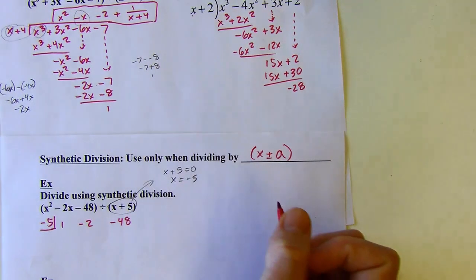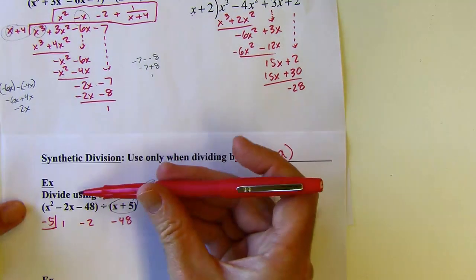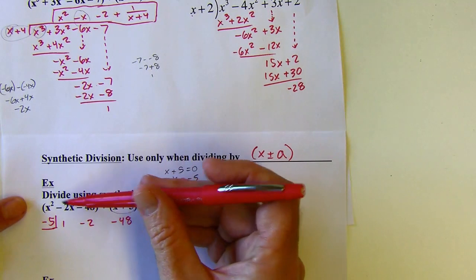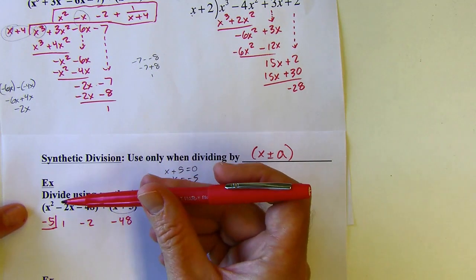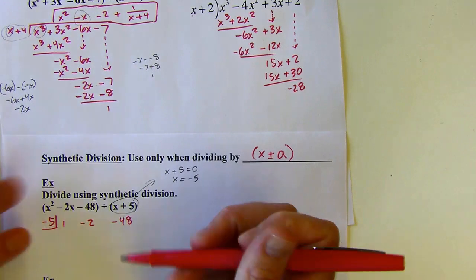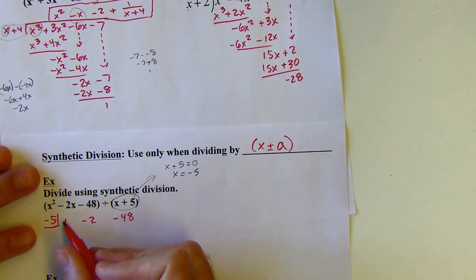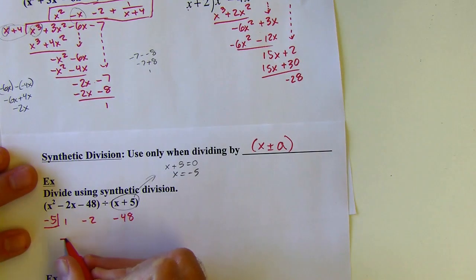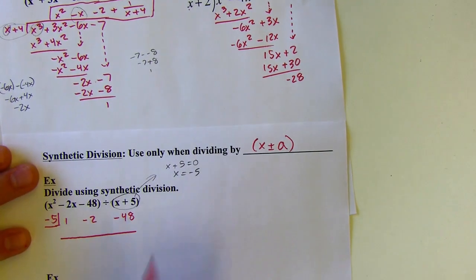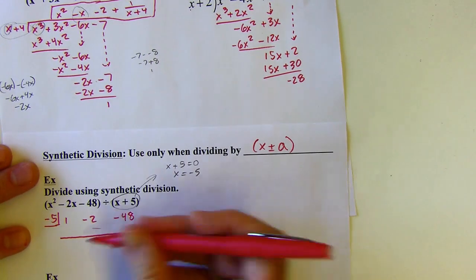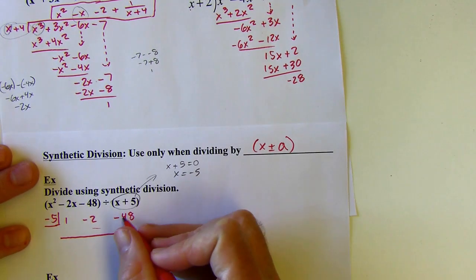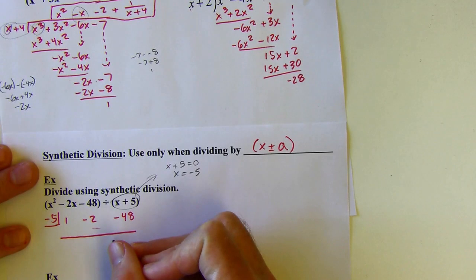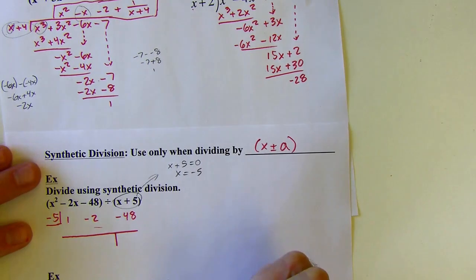If this had any missing terms, like if it went x to the third minus 2x squared minus 48, well then I have to put a 0 in as a placeholder if it's missing any of the terms. This isn't, okay? Then I leave a little space, and I'm going to put a bar, but leave some space in there because we're going to write some numbers underneath the 1, the negative 2, and the negative 48, okay? And then under the last term here, which is negative 48, I'm going to put another little box like that, okay?